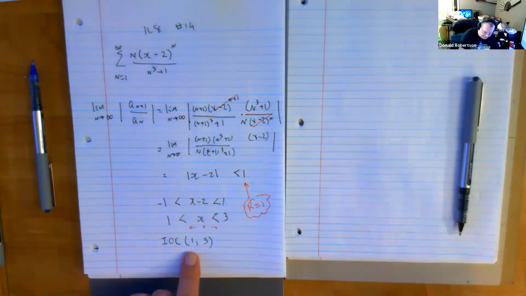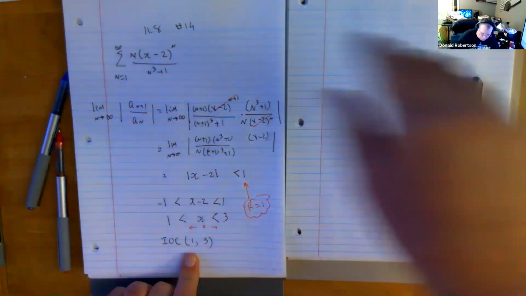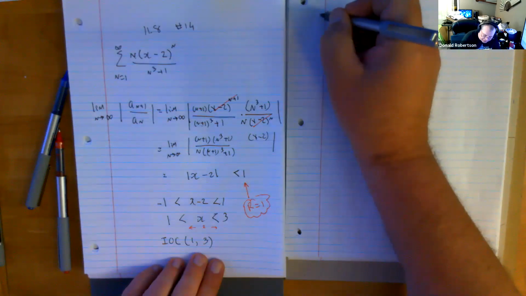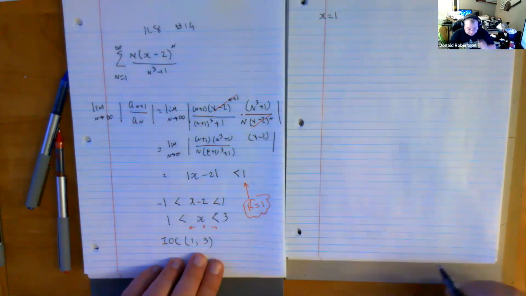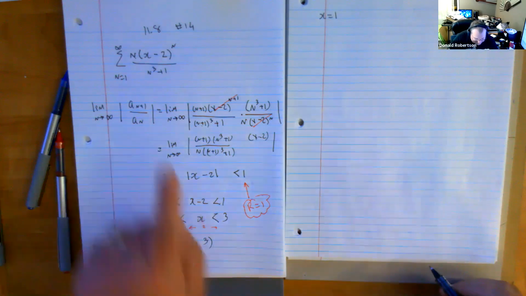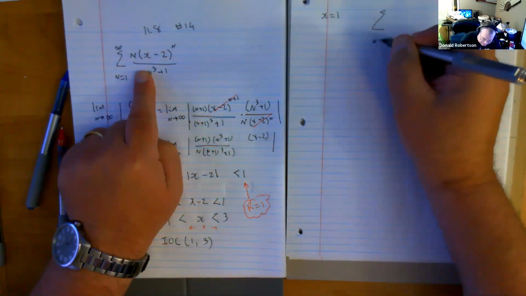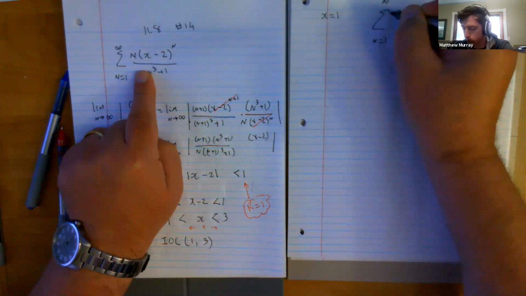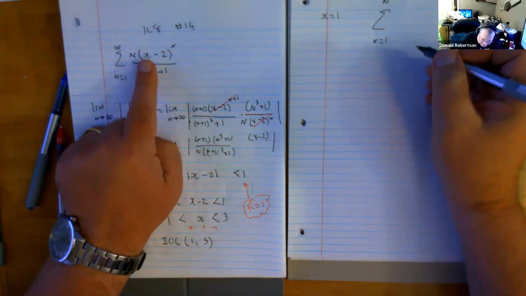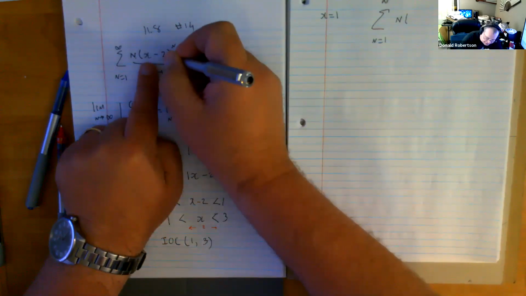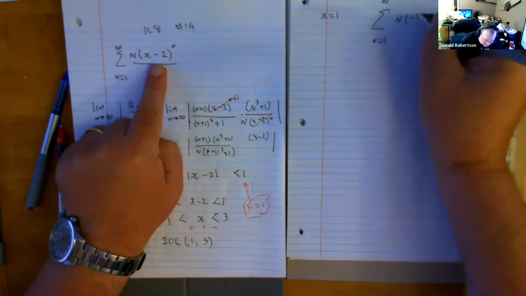Now, we're not finished. We have to test the endpoints. So I'm going to test x equals 1, which means you go back to the original, which is this guy here, and you make x equals 1, and let's see what you get. You get an n. 1 take away 2 is -1, so I guess you get -1 to the n.